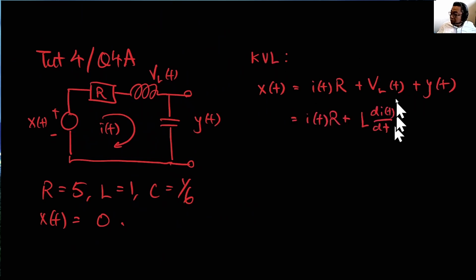We know that the voltage drop across the inductor is the value of the inductance L multiplied by the differentiation of the current di/dt. So that means the faster the current is changing, the more voltage will be dropped across the inductor. So it's L di/dt.